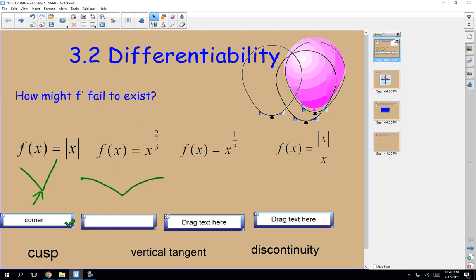Gus? Okay. Super. Go for it. Good job. Okay, next one. f of x equals x to 1/3. You know what that looks like? It's the cube root of x function. Does someone want to come draw that? Sketch that in green up here.